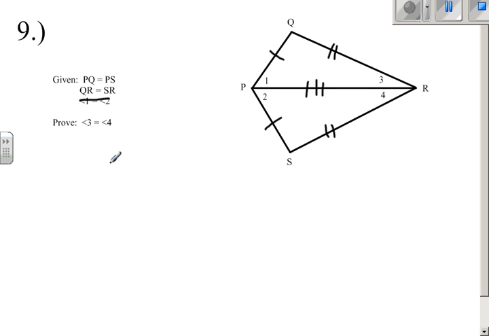So I'm just going to put some of the key steps here. You probably know to put the given and everything like that. So down in step 2, you would probably say PR is congruent to itself. Oops. Mistake there. Step 2, PR is congruent to itself. That's reflexive.